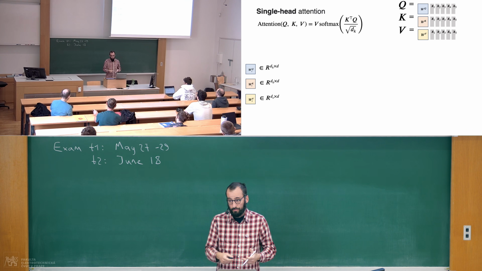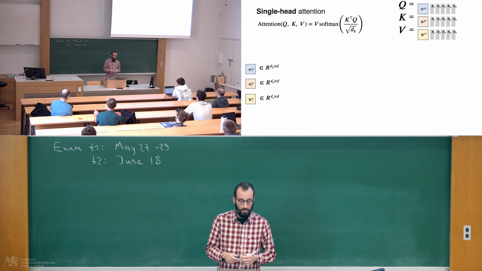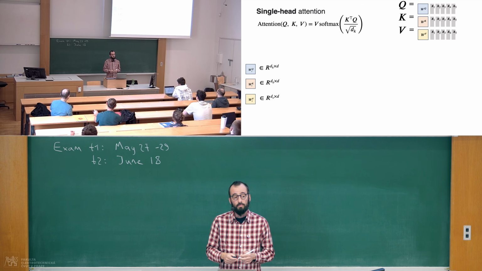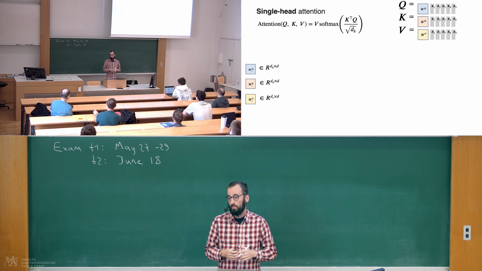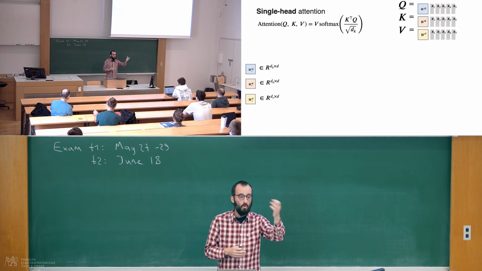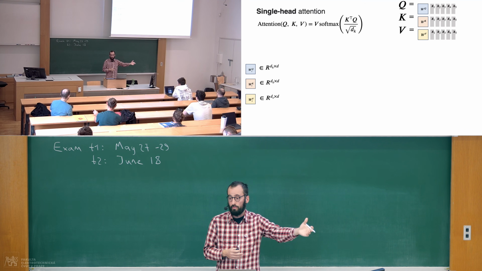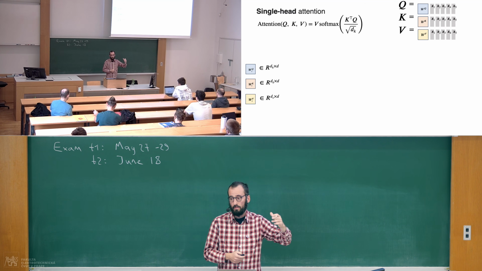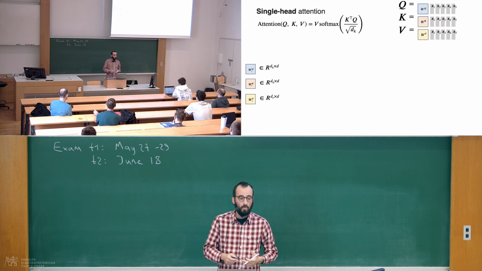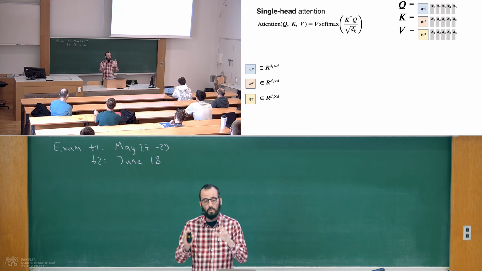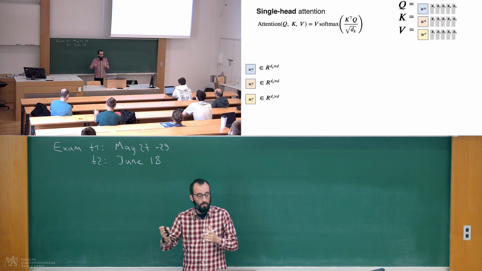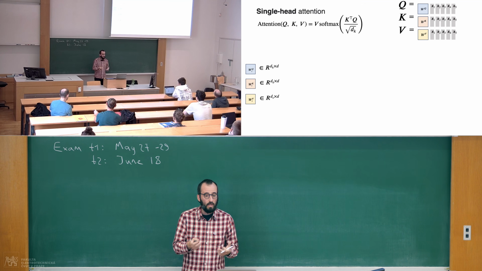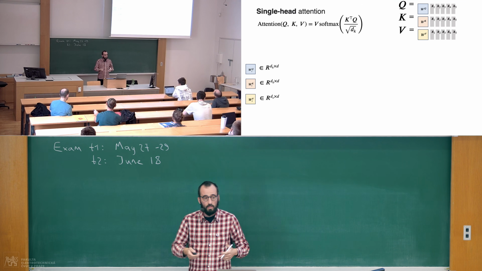So the intuition behind the next step is that maybe there are different kinds of semantic relations that one should be able to capture. We said we don't trust the original representation, so we take keys and queries to do these dot products. But having just one projection might not be able to learn the different kinds of relations, especially in NLP, where you have words that are nearby, syntactic relations, semantic relations, and so on.